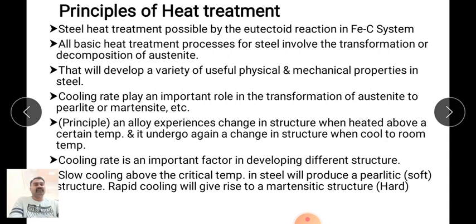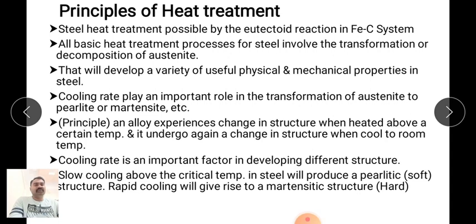Whatever changes occur during heating as well as cooling will be studied. Then cooling rate is an important factor in developing the different structures. Whatever cooling rate we perform will play an important role in the different structure.